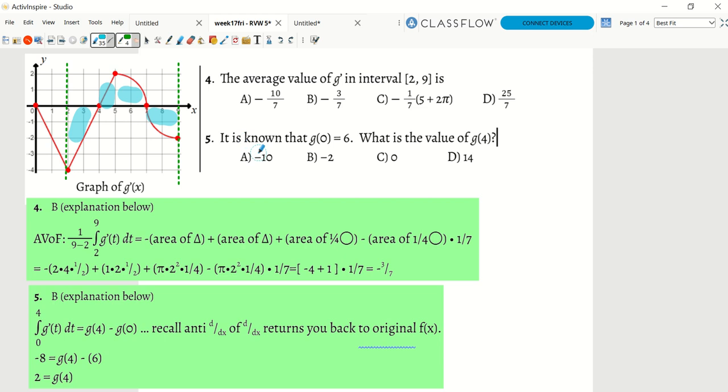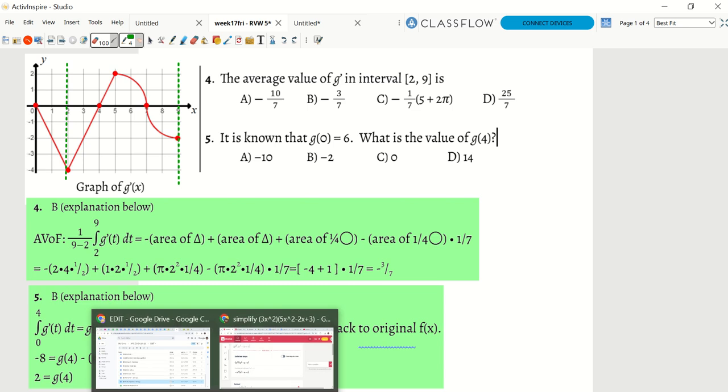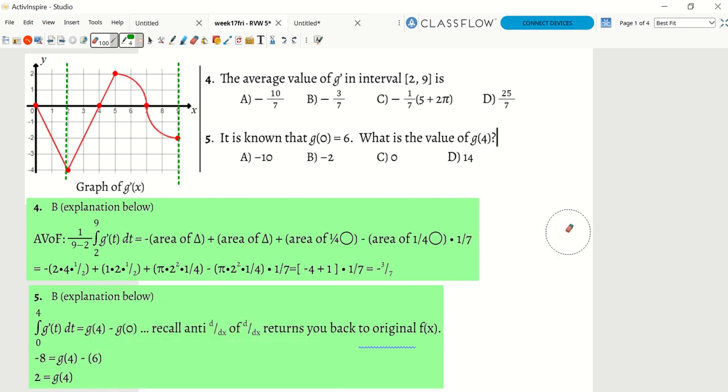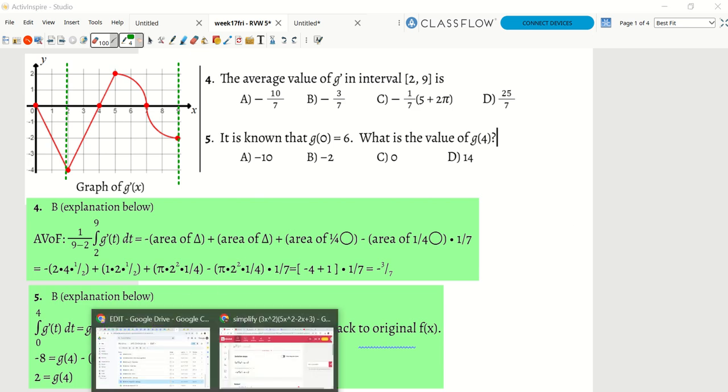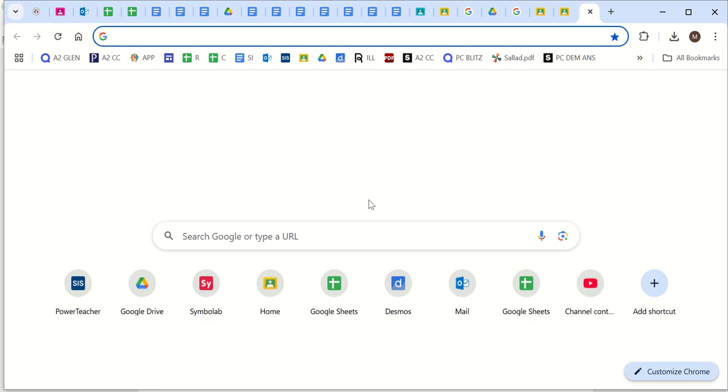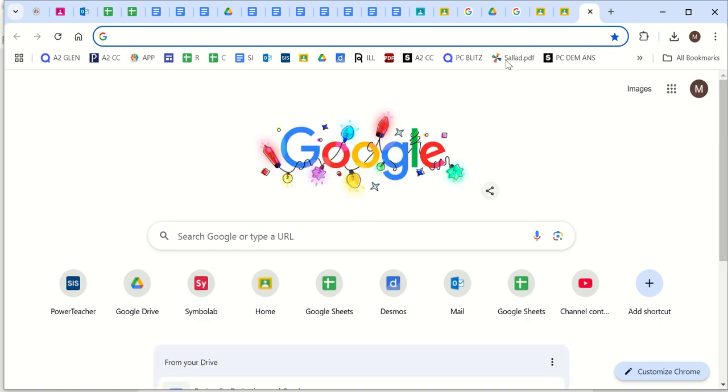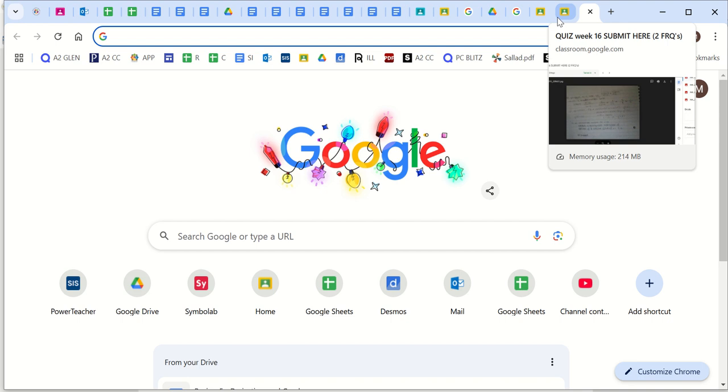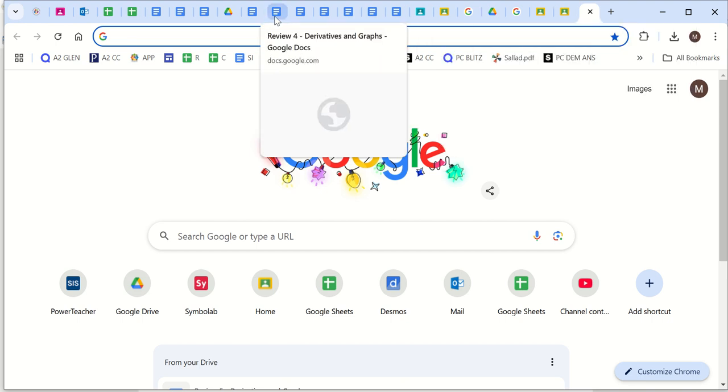Now, 5. Number 5 is a little bit of an unconventional problem, and you actually don't need what's in the original problem for review 5.